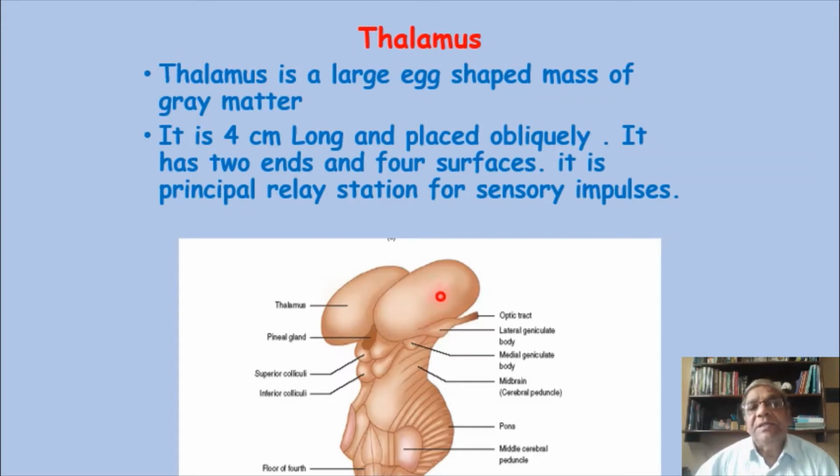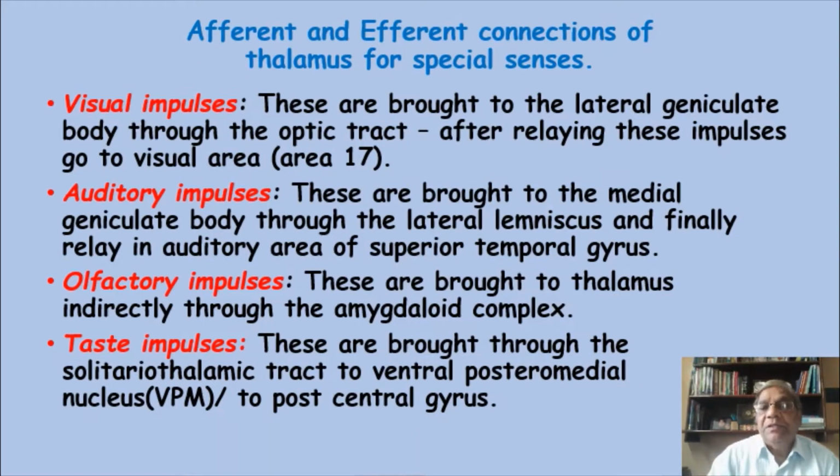Now, as I said, this is the large mass of gray matter and it is the sensory nucleus, the principal relay station for the various sensory impulses. Now let us come to the afferent and efferent connections of the thalamus for spatial senses.